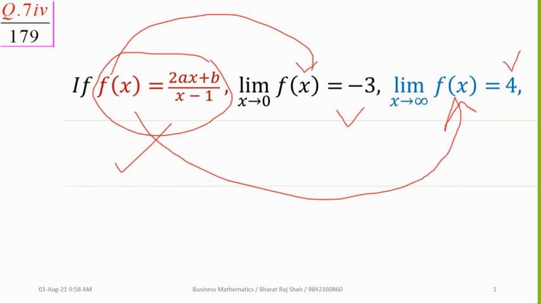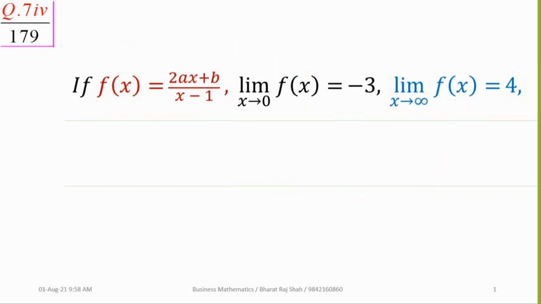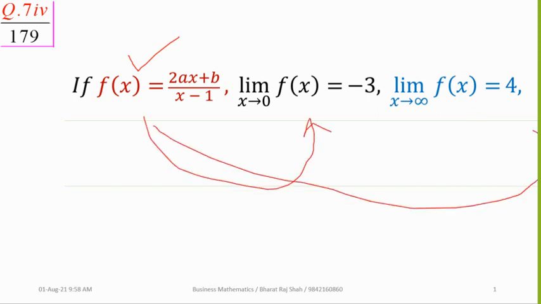So we have been given one function, but we have been given two limiting values of the same function: one at x tends to 0 and another at x tends to infinity. Why have we been given two limiting values?